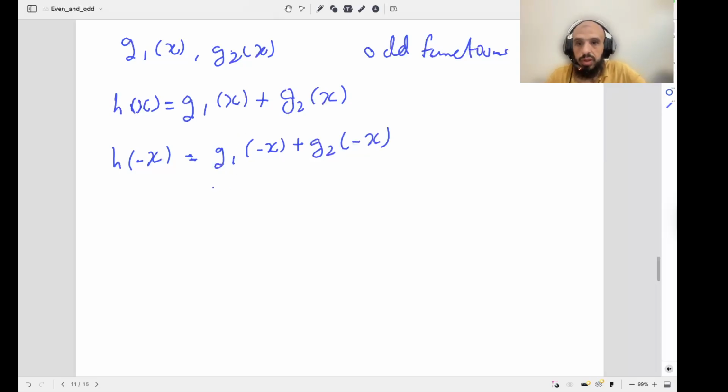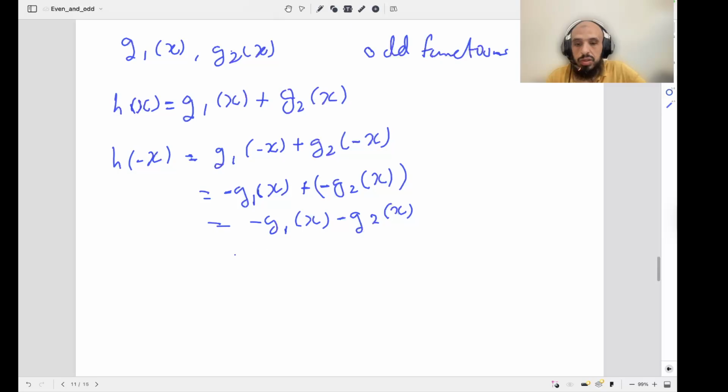And remember that g1 and g2 are both odd functions, so this is going to be equal to negative g1 of x plus negative g2 of x, which is equal to negative g1 of x minus g2 of x, which is equal to negative of g1 of x plus g2 of x.